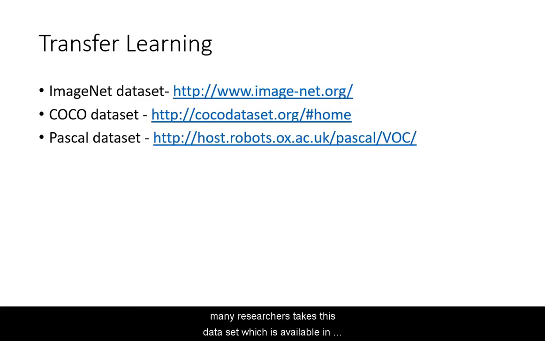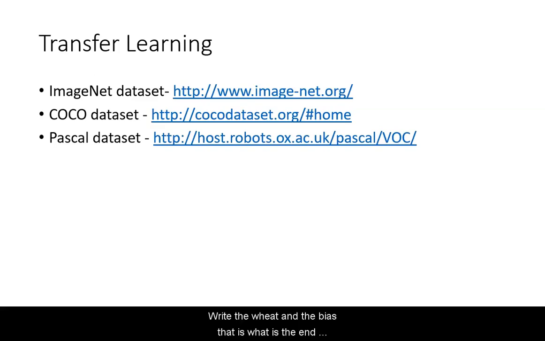So many researchers take these datasets which are available on the internet and train their algorithms on them. And sometimes this training can take several weeks or months, and might even require more than one GPU. And of course, we know the end product of this training is the learned parameters, right?